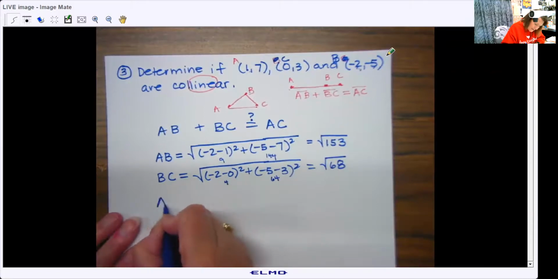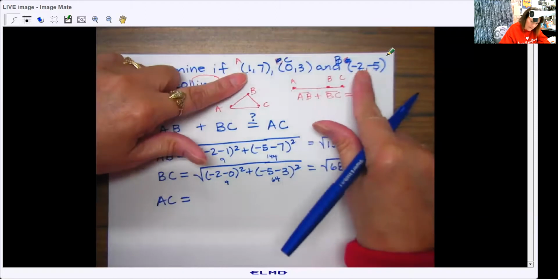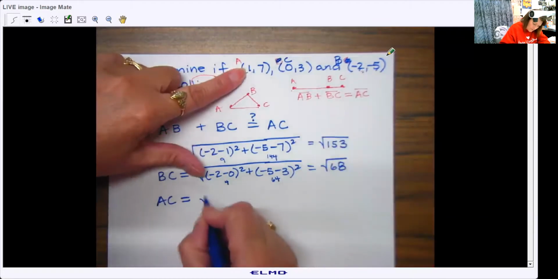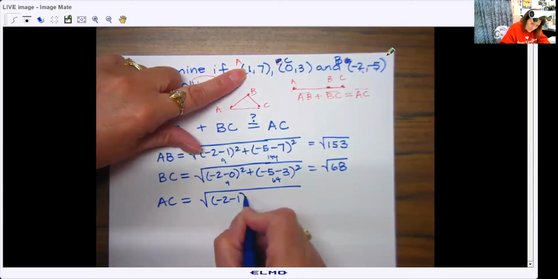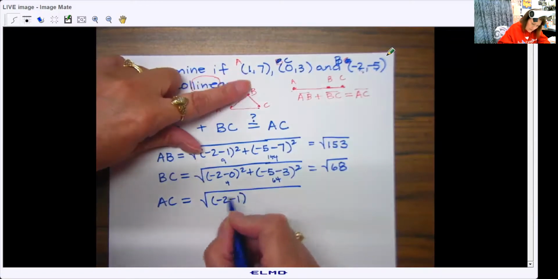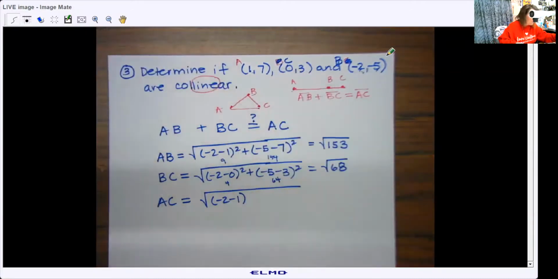Okay, now we need to find AC. Let's see, -2 minus 1... Whoops, I've already found that. No, I already did that one. Let's try again.